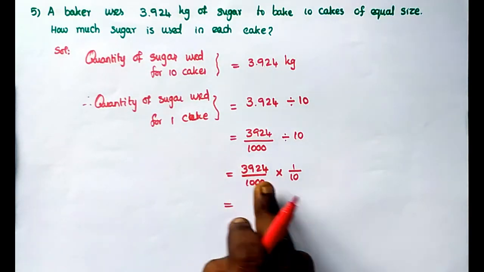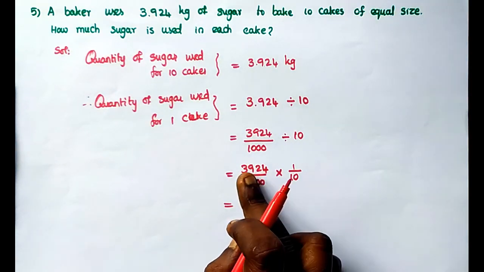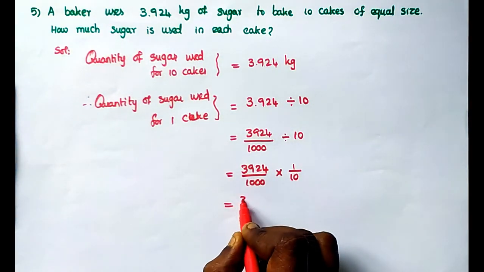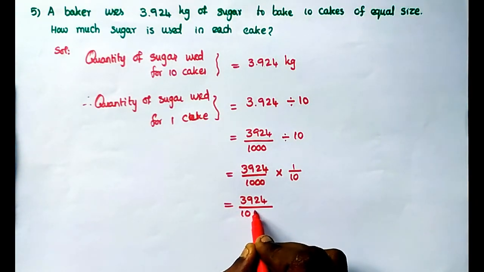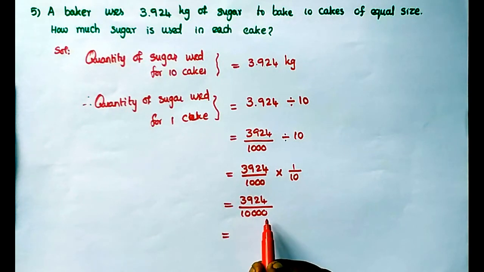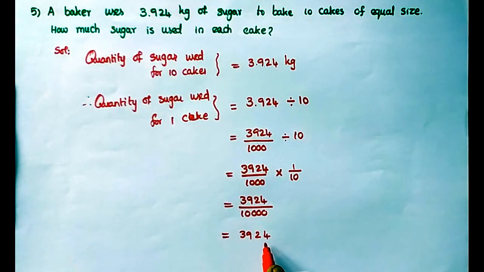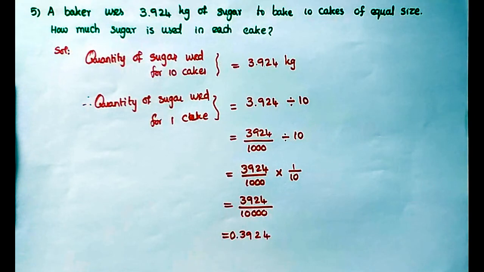Now no cancellation, don't cancel that. Multiply numerator with numerator. 3924 divided by 1000 into 10, 10,000. Now keep the point, in denominator 4 zeros are there. Before 4 digits we have to keep the point. So 1, 2, 3, 4. Before that we have to keep the point. There is nothing, so put 0 for that.